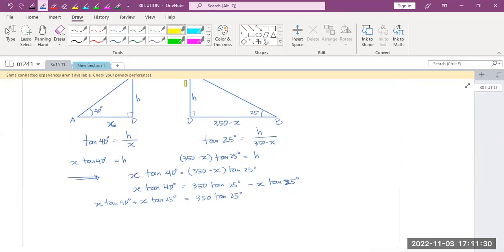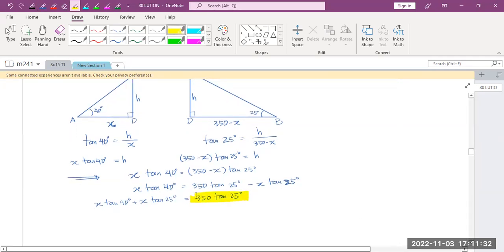I know when you see this number, you are so tempted to compute that, right? We can just leave it there for now. We can compute that later using our calculator, but for now, just leave it like that. Focus on the X, factor the X. So we have tangent 40 degrees plus tangent 25 degrees equals 350 tangent 25 degrees.